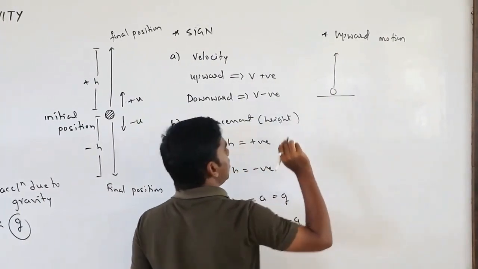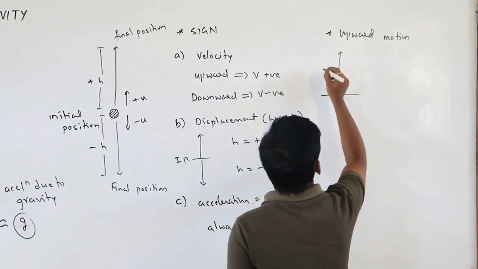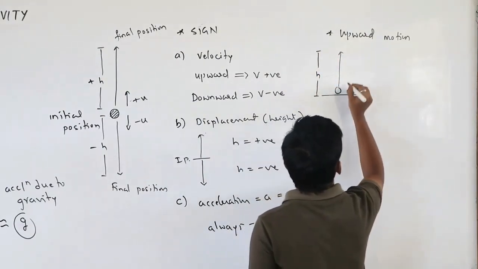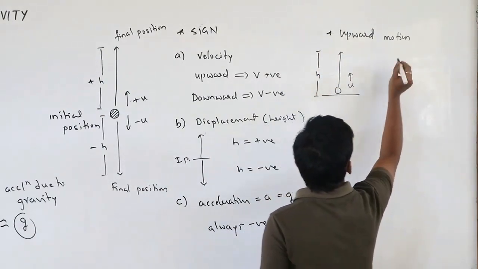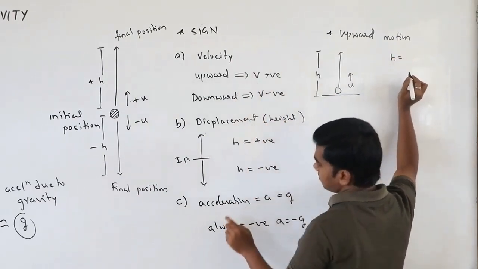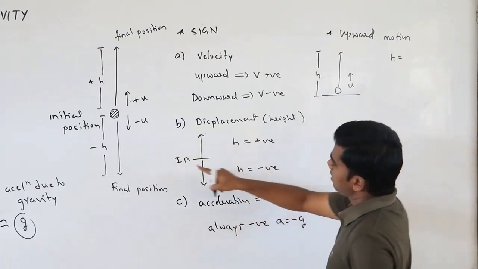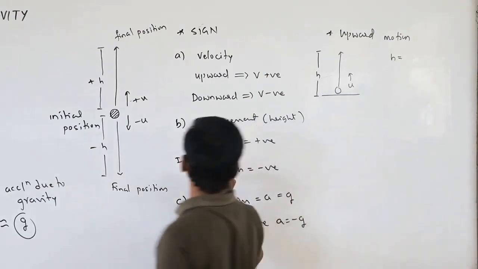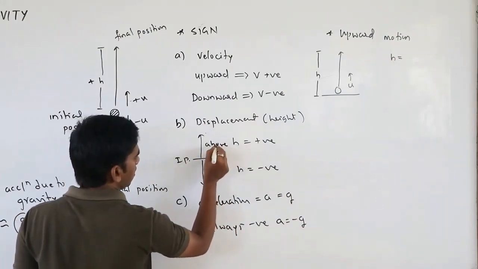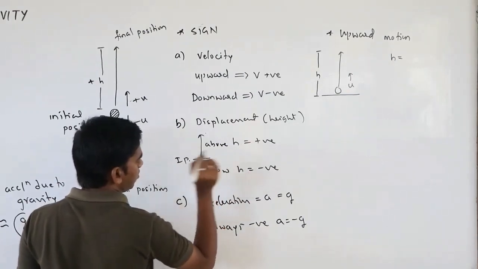So what you have to do is take h. This is the initial velocity u. Height you have to take positive or negative. Here it is above the initial position, and here it is below the initial position.